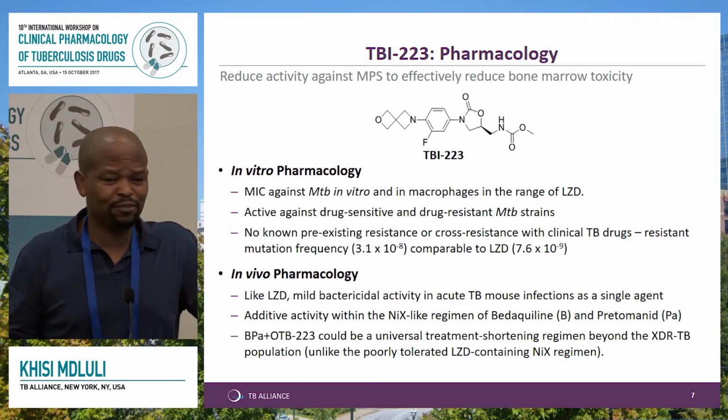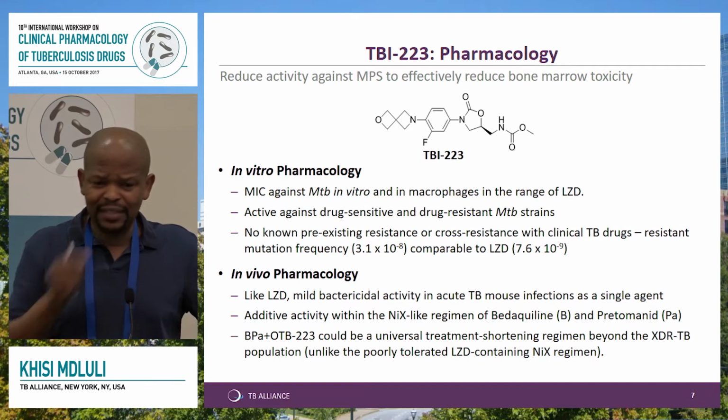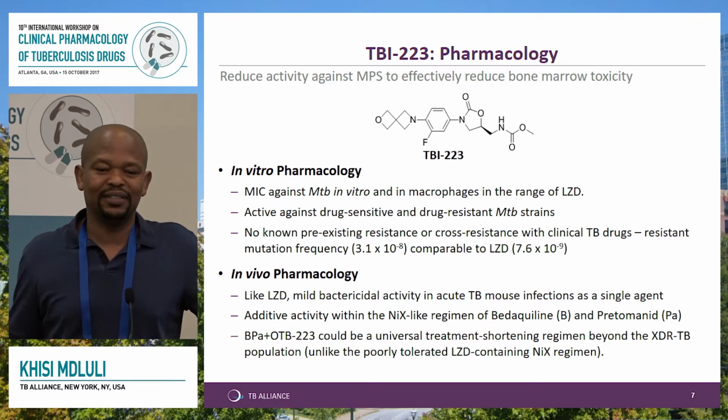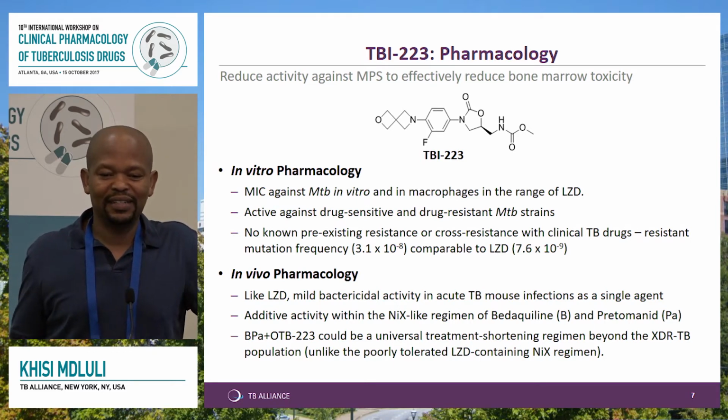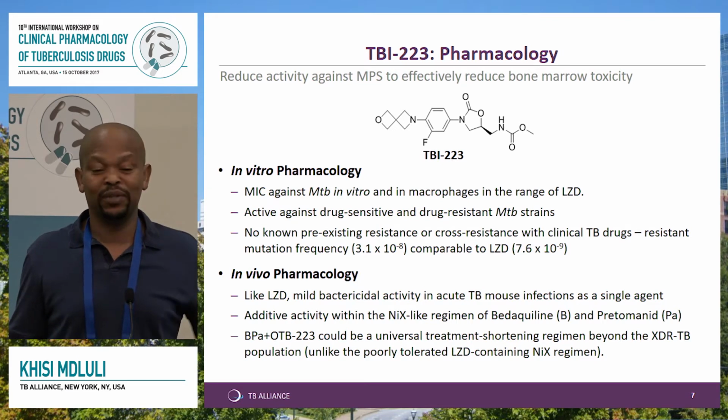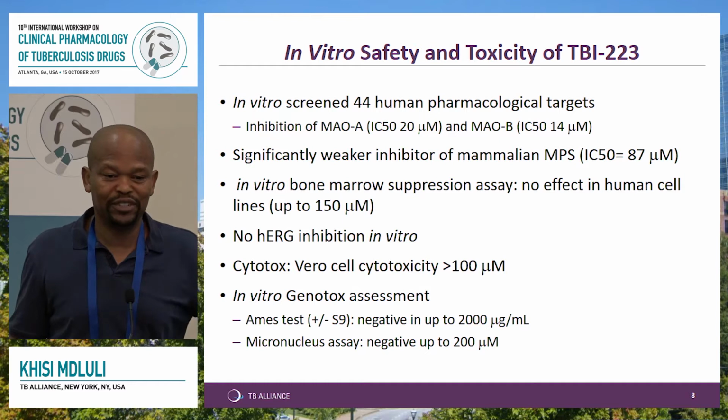The pharmacology for this compound is that it is bactericidal in acute TB, but not very bactericidal, just mildly bactericidal, just like linezolid. It is active in the next regimen, as you're going to see in the next 2 slides, and we figured that a compound like this, if put into the next regimen in place of linezolid, it would give us a better and improved regimen.